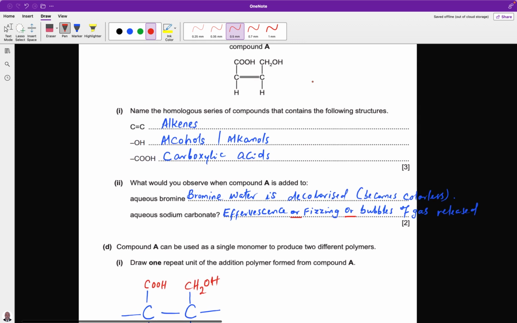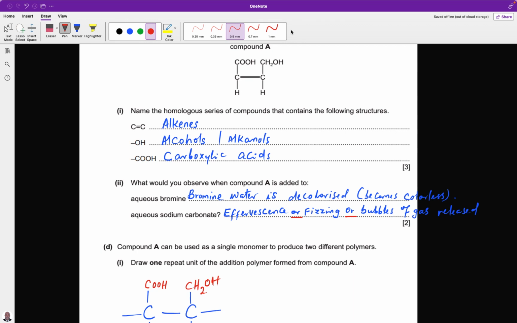So with addition polymer, when we add other units of this to produce a polymer, the double bond will open up, and there will be another bond here, and another bond here.